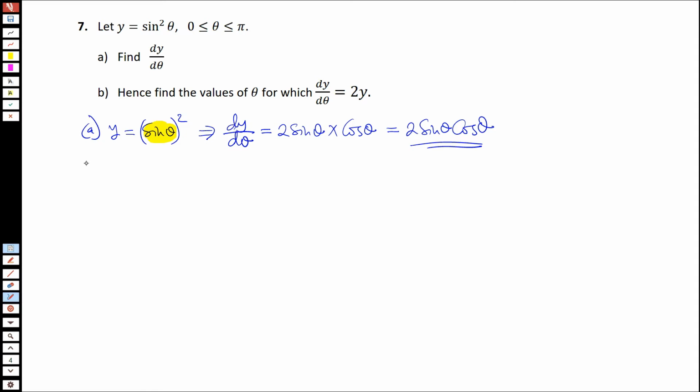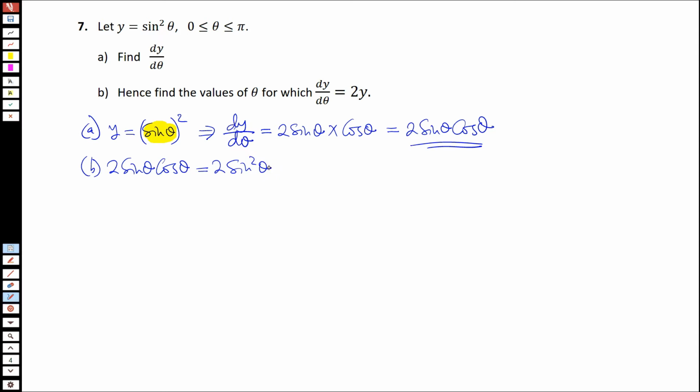And that will be the derivative of this function. And then part B, we want to find theta such that the derivative, which is 2 sine theta cos theta, is equal to 2 multiplied by the original function, which is 2 sine theta squared.